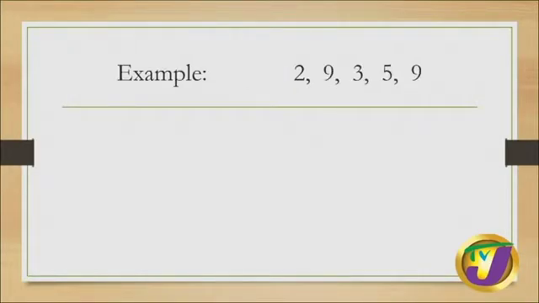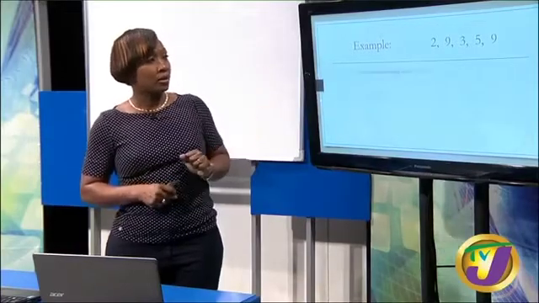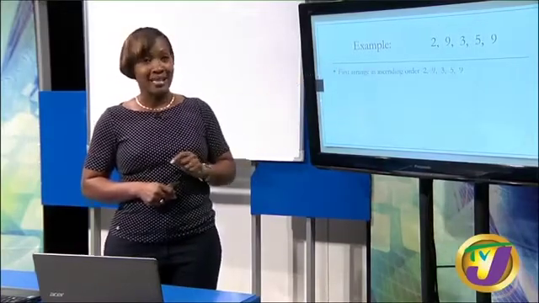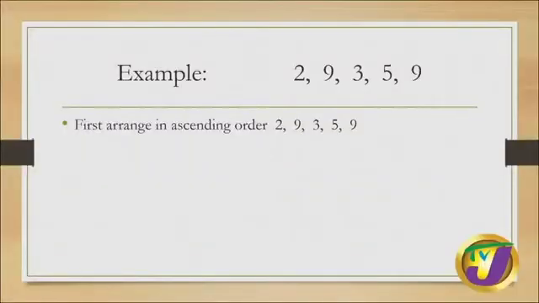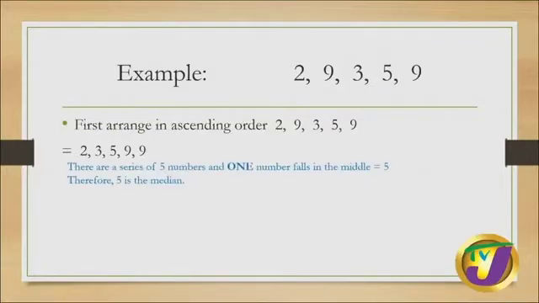So here's a set of data. We have 1, 2, 3, 4, 5 pieces of data, and they are 2, 9, 3, 5, 9. Now, the last thing I told you was, remember to arrange them in ascending, numerical order. So let's do that. 2, 3, 5, 9, 9. Done. What else? It is the middle term.